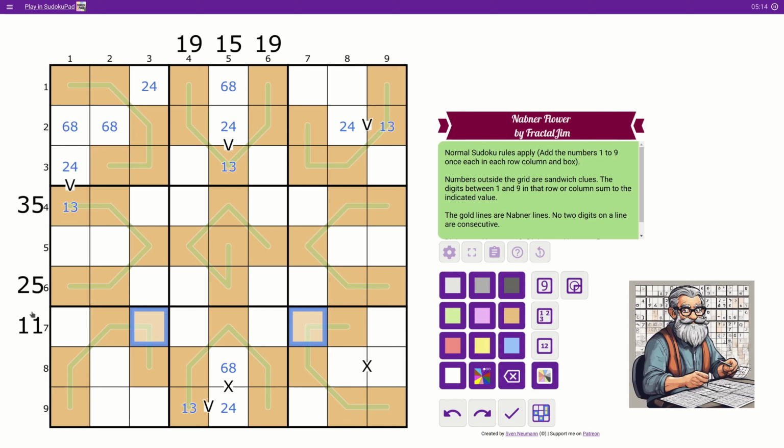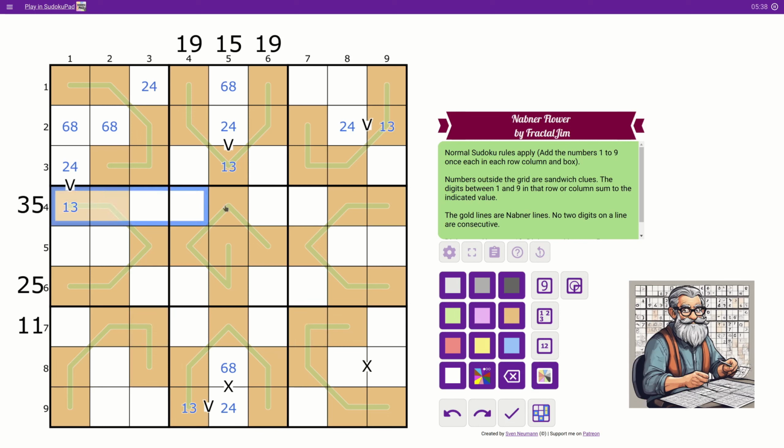I guess that doesn't really limit it. I see, but the 35 does, because 1 and 9 are not counted, and 1 plus 9 is 10. And if you subtract 10 from 45, you'd get 35. 45 is the sum of the digits from 1 to 9.